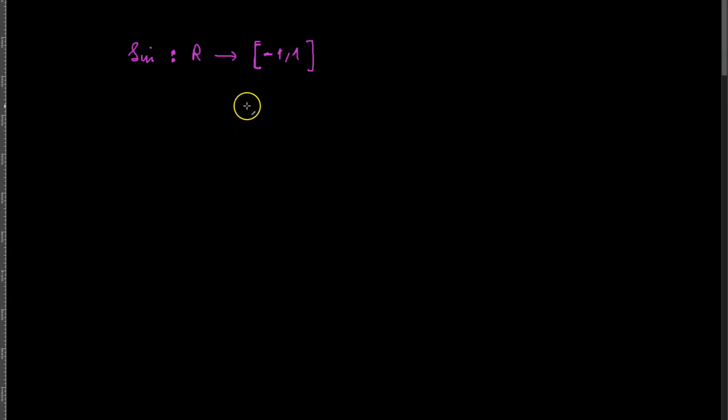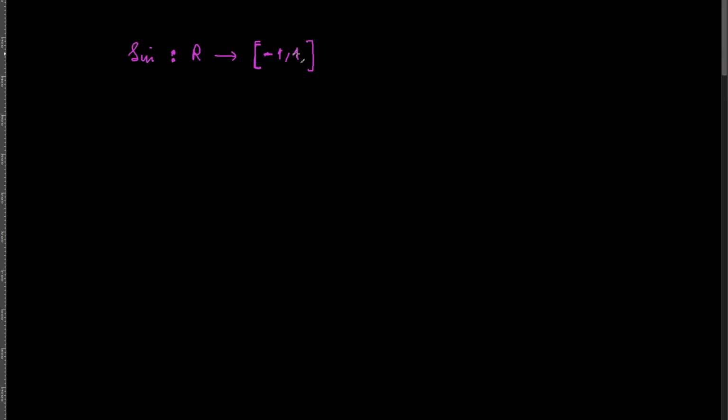But here we defined the sine function as going from the set of real numbers to the closed interval negative 1 to 1, because most probably they wanted the function to be invertible, right? That's the explanation that I have for this.